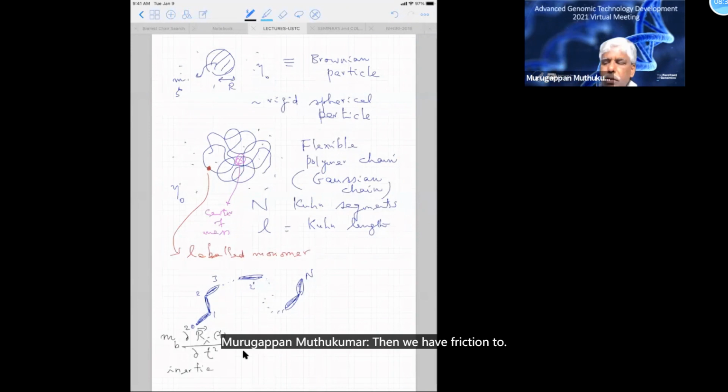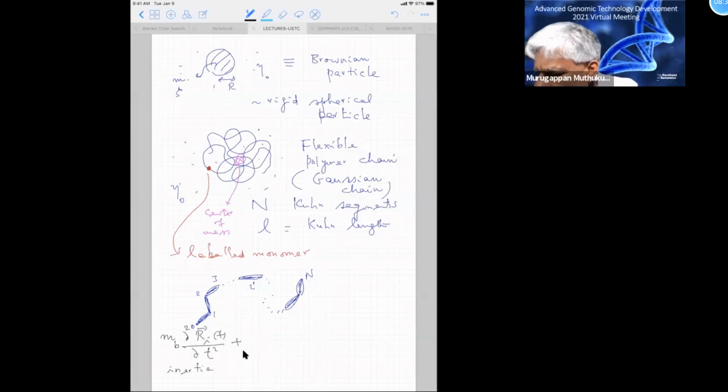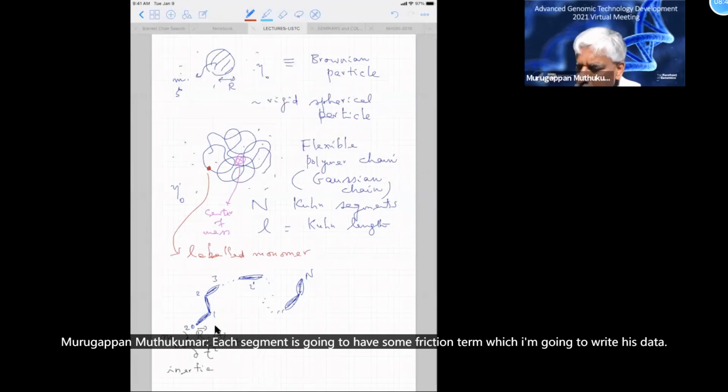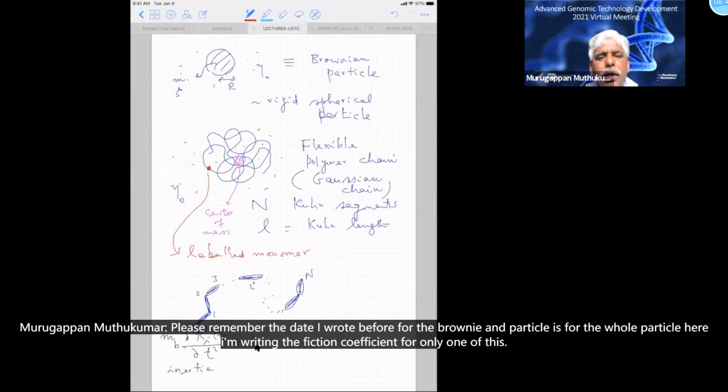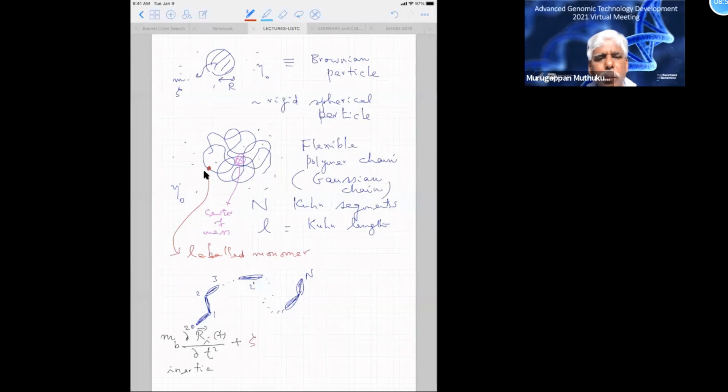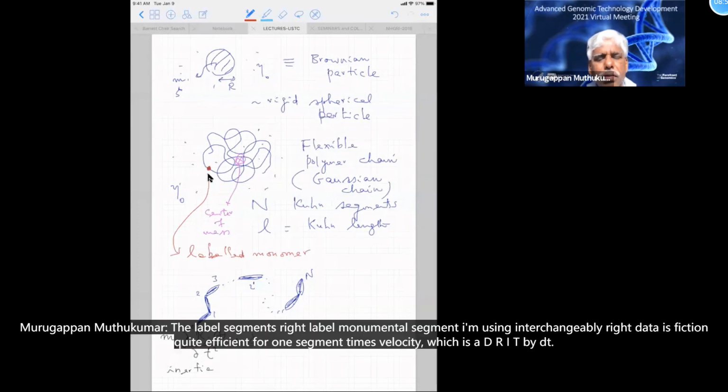Then we have the friction term, right? Each segment is going to have some friction term, which I'm going to write as zeta. Please remember, the zeta I wrote before for the Brownian particle is for the whole particle. Here, I'm writing the friction coefficient for only one of these labeled segments, right?